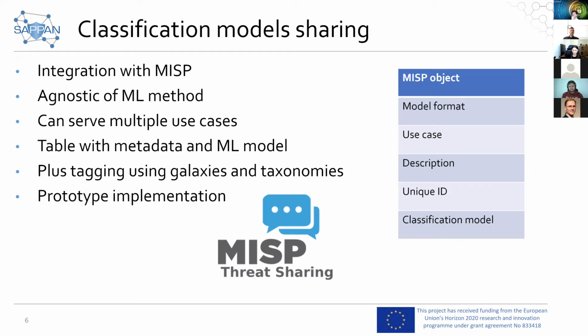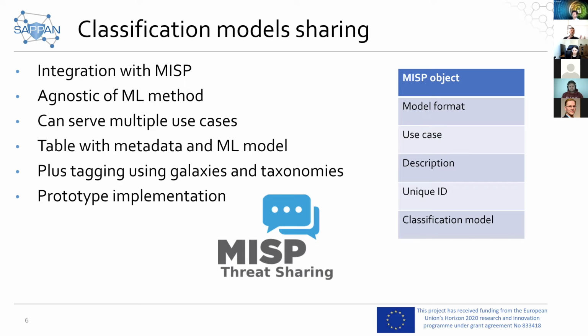And actually, it's quite simple. It's just an object where there is metadata which describes the model format, for example HDF5 or another type of representation, then the use case, so what type of problem is being addressed, and the description.